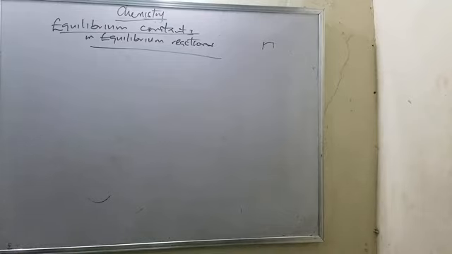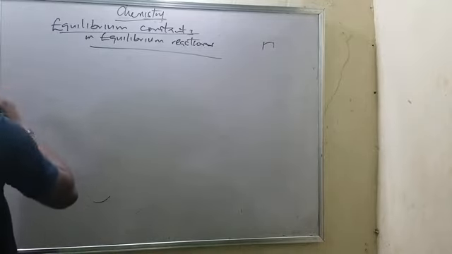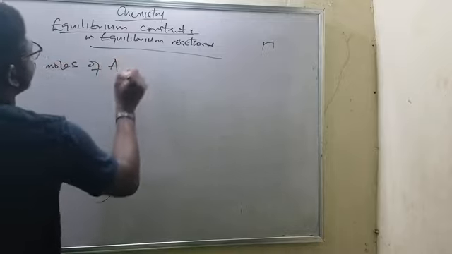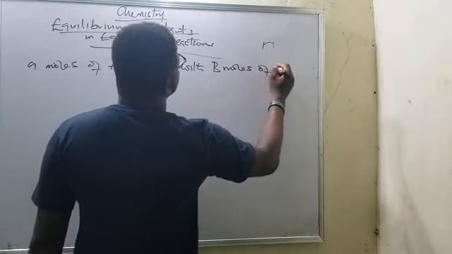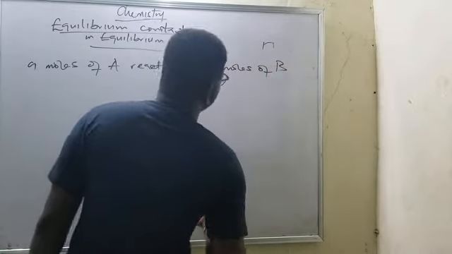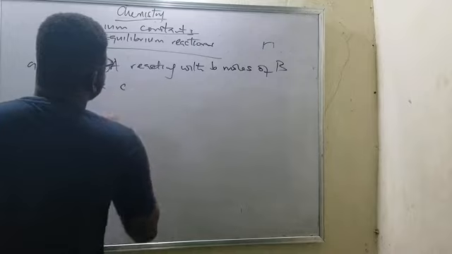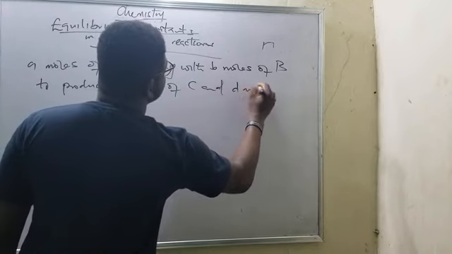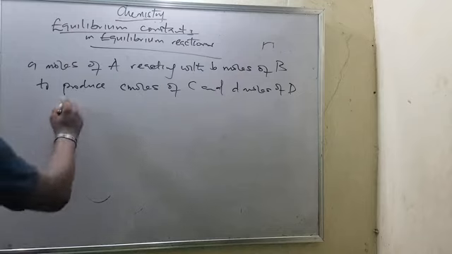For us to do this, we'll be taking a hypothetical equilibrium reaction where we have a moles of A reacting with b moles of B to produce products of c moles of C and d moles of D. This is just a hypothetical equation, and it could be written in this form.